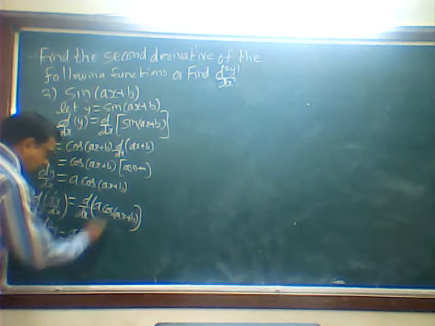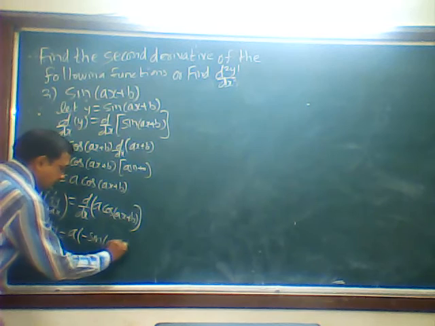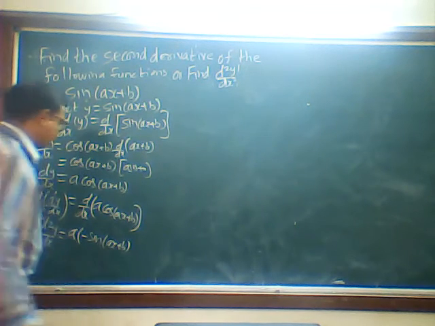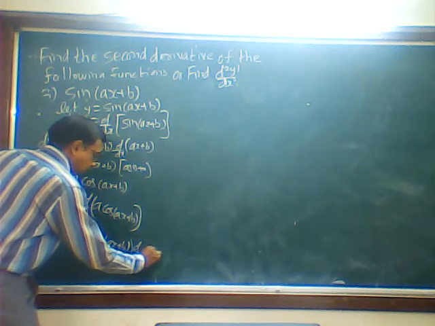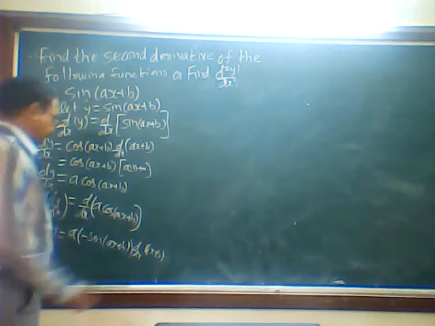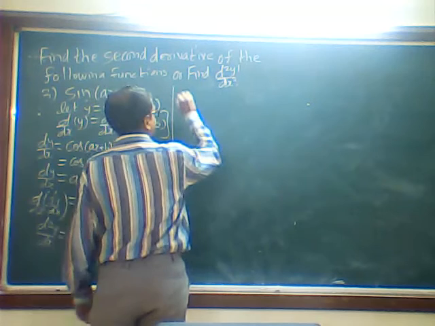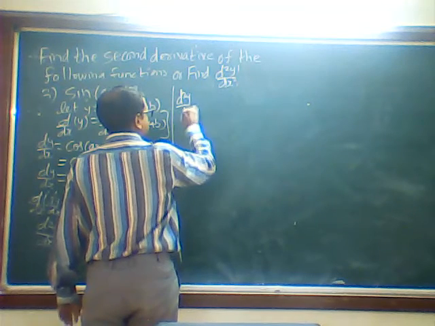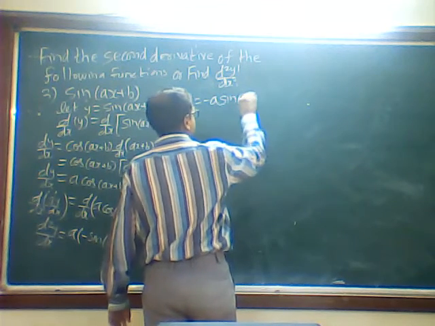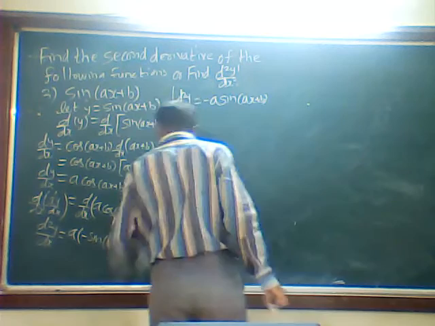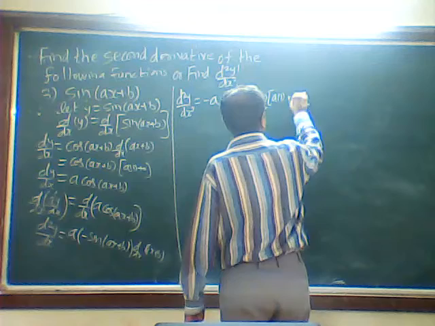Cos x derivative is minus sin x, so minus a sin of ax plus b into d by dx of ax plus b, which is a into 1, and b is 0.